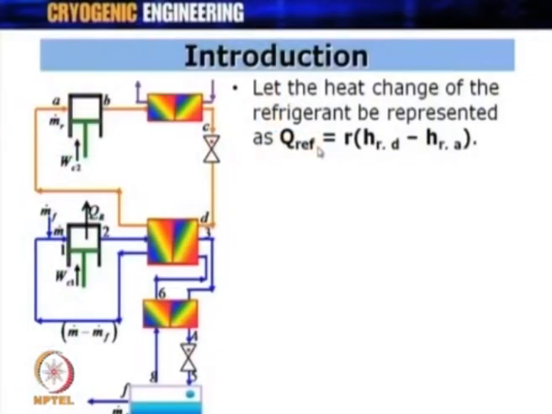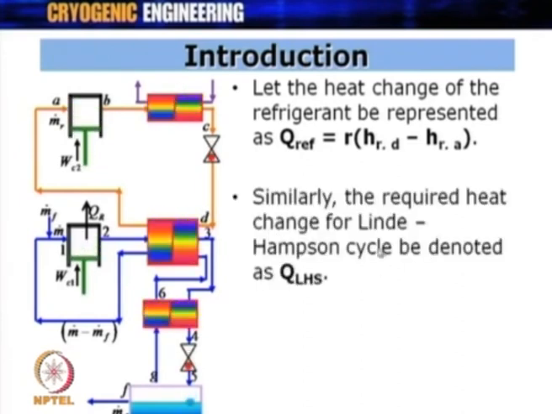Let the heat exchange of the refrigerant be represented by QREF. So, QREF is basically the load on this system or the pre-cooling requirement of this heat exchanger, and what you get across is R into the enthalpy difference across this heat exchanger. So, R into HRD minus HRA. This will determine how much cooling load is offered by the cooling circuit. All right. Similarly, the required heat exchange for the Linde-Hampson cycle be denoted by QLHS.